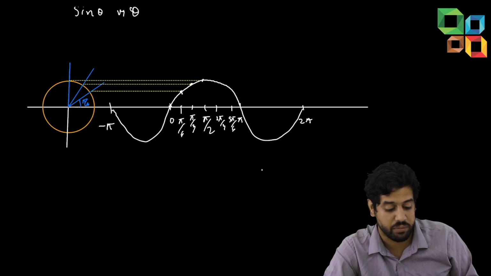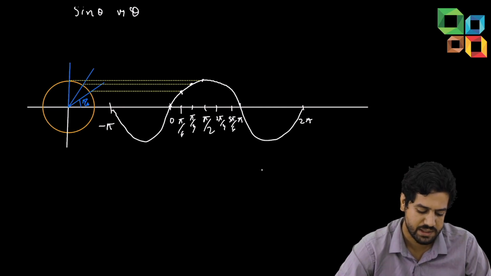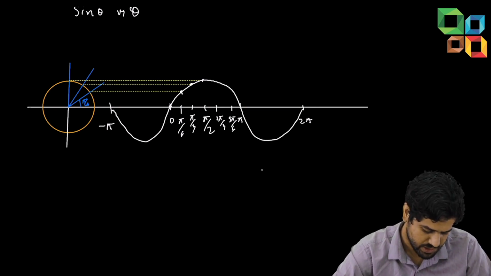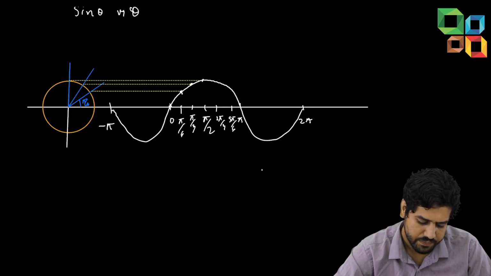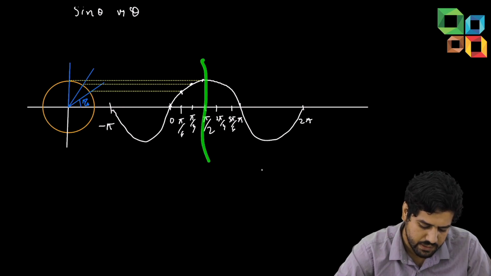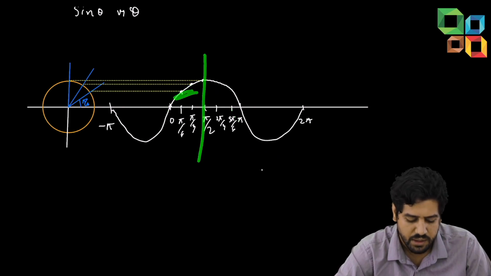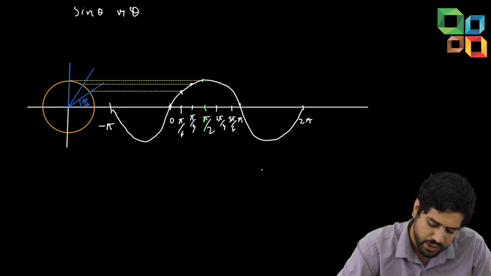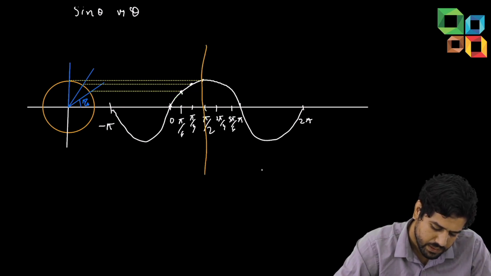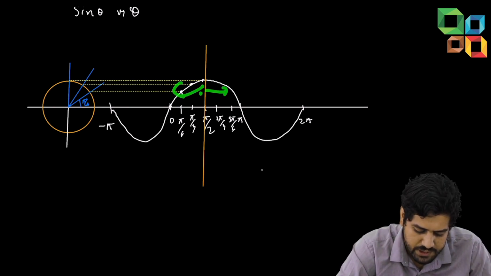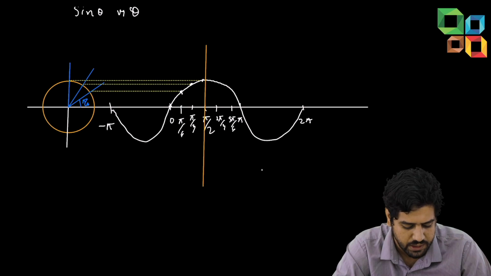And we have got some very beautiful graphs by students who have drawn this very carefully. There are some observations which you can make, right? You will see that not only is it periodic, but also it is symmetric, right? So about this line, you will see that this side of the graph and this side of the graph are perfectly symmetric.